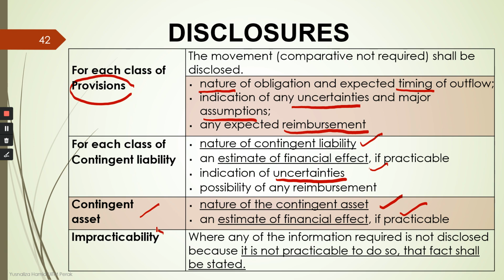You also need to make a note that certain information may not be disclosed because it is not practicable to do so. And the fact that you cannot disclose because of impracticability also needs to be disclosed.